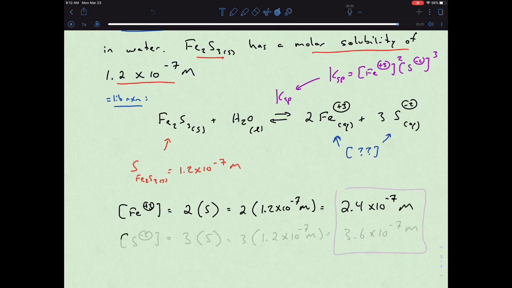And we can do the same process for our other ion present in solution, namely the sulfide. The sulfide would be 3 times that molar solubility, because for every 1 molecule of the ferric sulfide solid, I get 3 of those sulfide ions. So we just need to take that molar solubility and multiply it by 3.